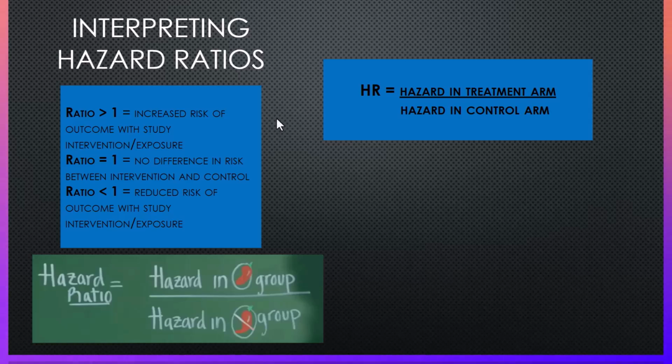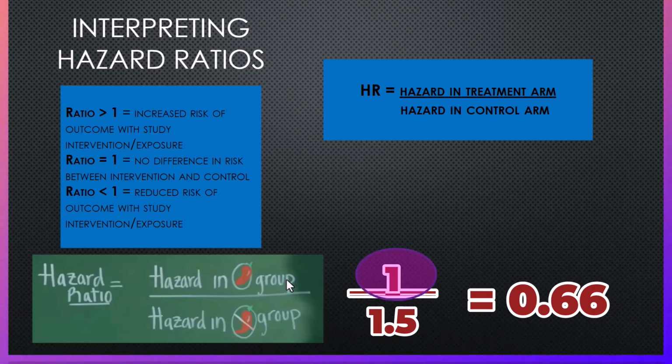So in the chili case, that would mean that the hazard ratio was higher in the chili group instead of lower, though in reality it was lower, with a final result of 0.66, which shows that there was a reduced risk of outcome with the study intervention or exposure. If the numbers were identical, then there would be no difference in risk between intervention and control.